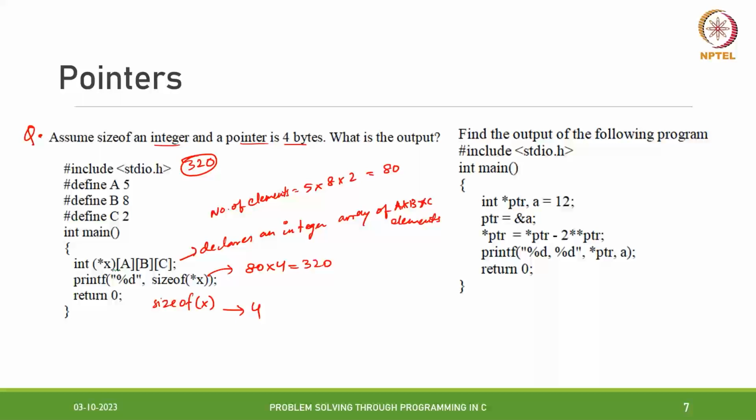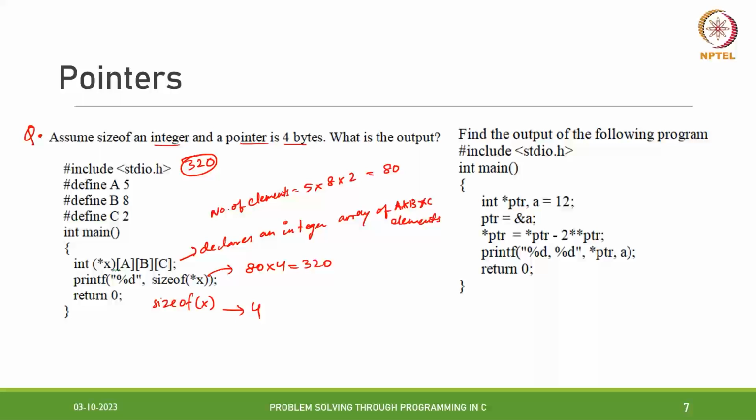That is why you have put a star x. You could just write simply x and it would still mean the same thing. If you remove the parenthesis and the star and just write x, that would still mean that x is a pointer to this particular array.